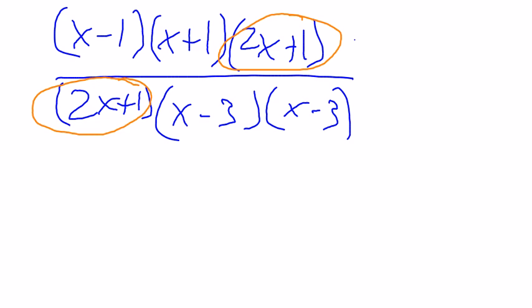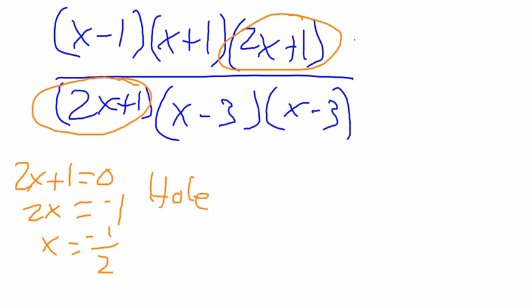So find the x value that makes it 0: 2x plus 1 equals 0, 2x equals negative 1, x equals negative 1/2. So we have a hole at x equals negative 1/2.